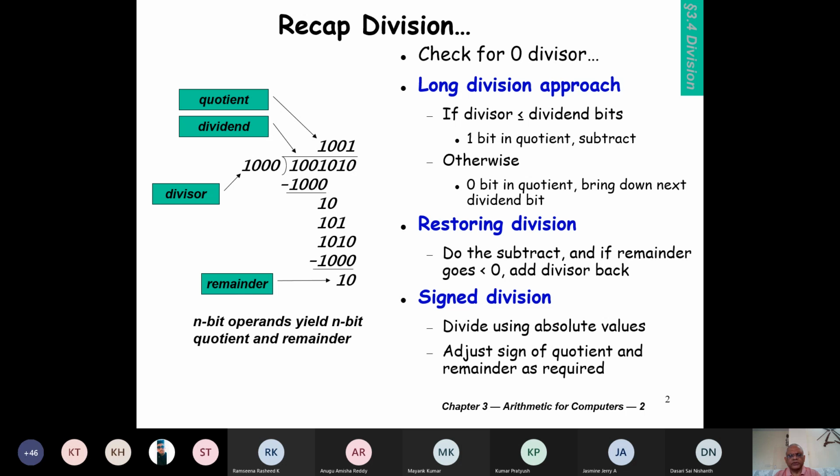Just like in multiplication, in division also we will do only unsigned numbers. Multiplication and division using unsigned numbers, because signed numbers are just one step extra. We check the sign of the dividend and the divisor, and based on that we adjust the sign of the result.